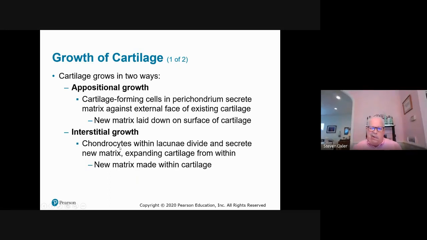These chondrocytes are inside of the cavities, which are called lacunae, and they make the new matrix, expanding the cartilage from the inside. So appositional growth is on the outside, in the perichondrium. Interstitial growth is on the inside, from the chondrocytes within the cavities of the cartilage.